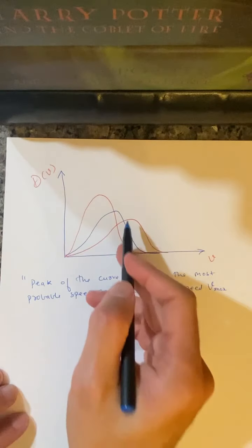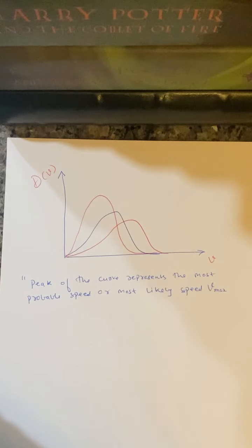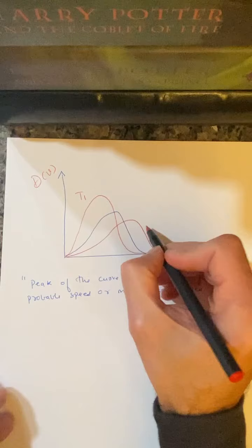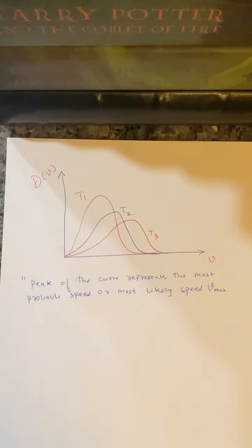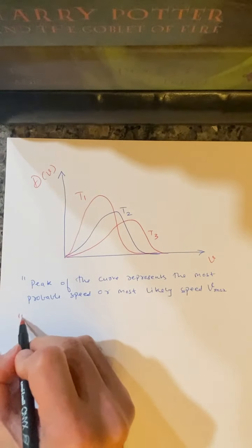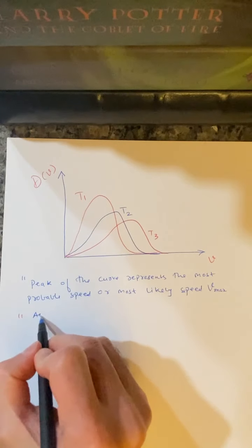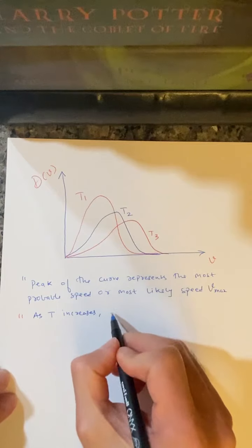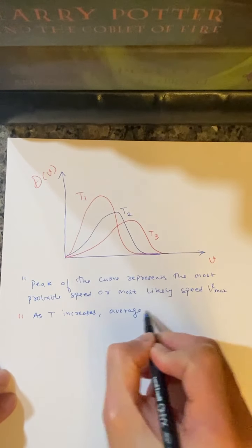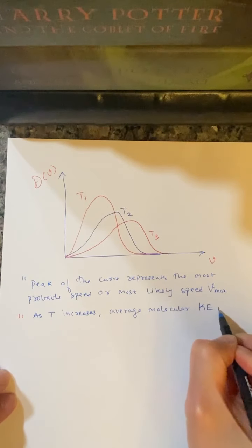Based on this graph, if I told you to identify which one has the higher temperature, let's say these are T1, T2, and T3. Let's call this temperature T1, this is T3, and this is T2. If I ask you which is the higher temperature, you can easily look at this graph and understand that as T increases, average molecular kinetic energy increases.